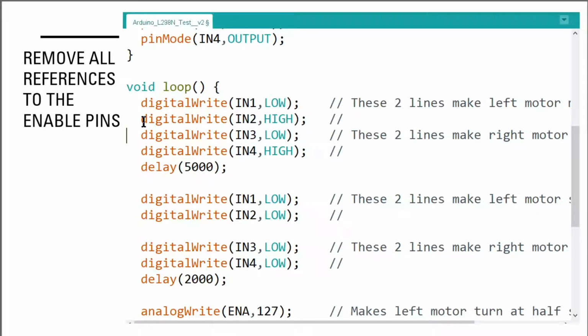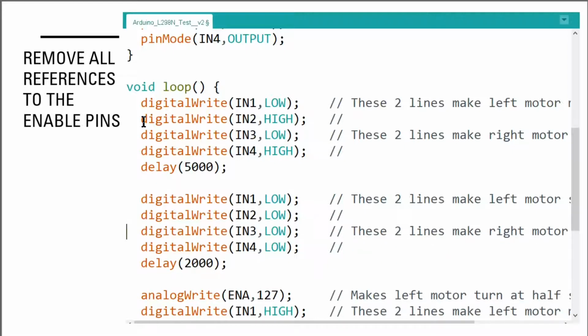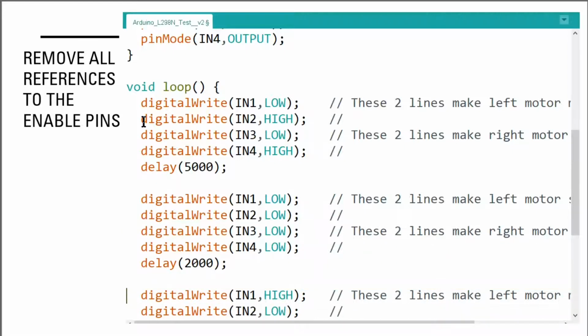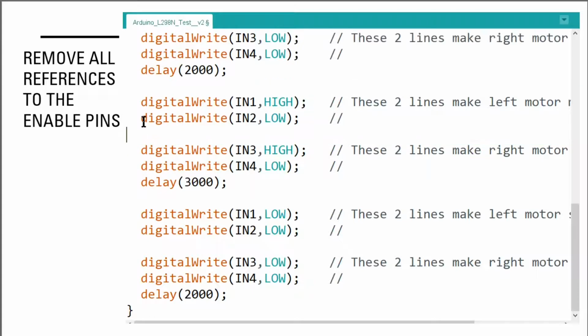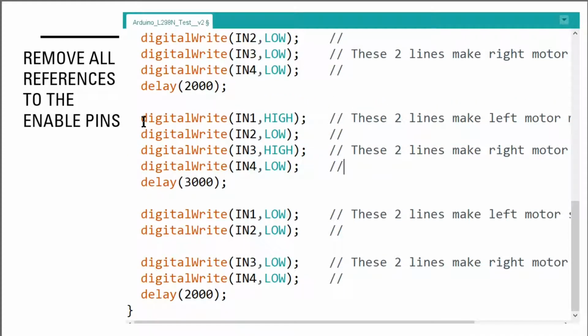Remember in one of the videos that we released some time ago, we decided to let go of the enable pins and reattach the jumper caps so we no longer have to control the speed. We can delete this. Further scrolling down. Okay, here's one more. Okay, I'll just delete some extra lines.